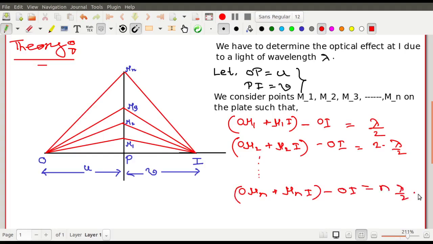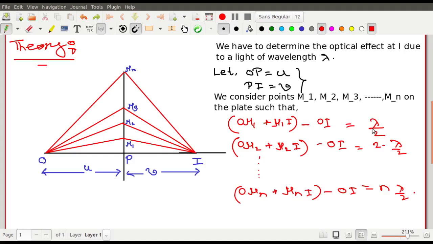That is, you may suppose that the difference from one set to another set is lambda by 2, right? That is the concept of half period zone. So অনেকটা দেখো half period zone এর মতন, from one to other it is lambda by 2 over here. So একটা lambda by 2 এখানে আছে, right? That is everything all about.